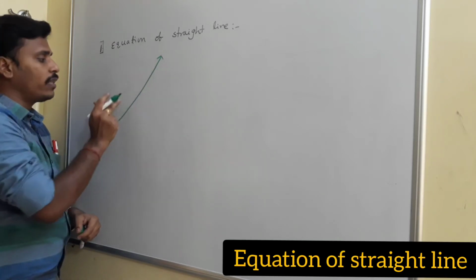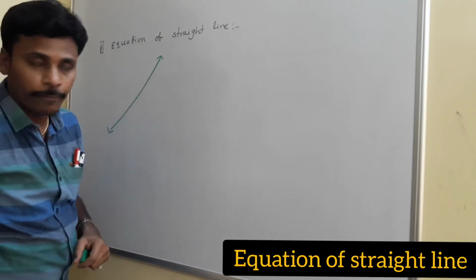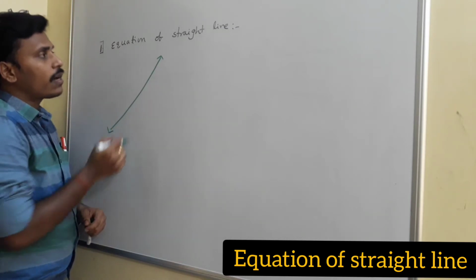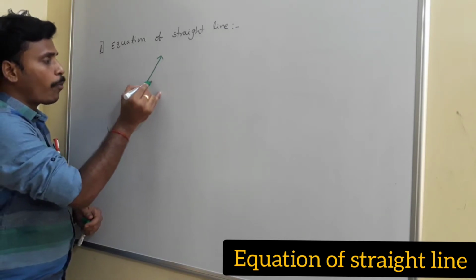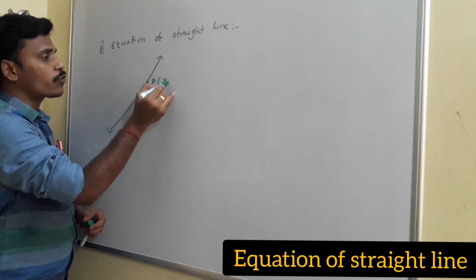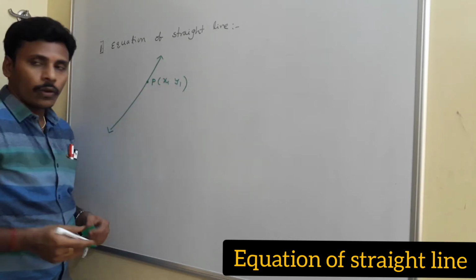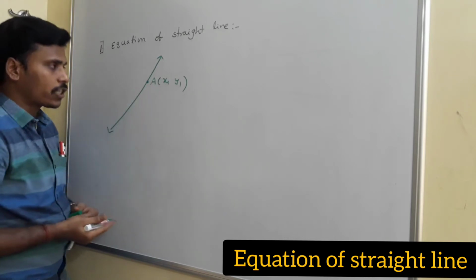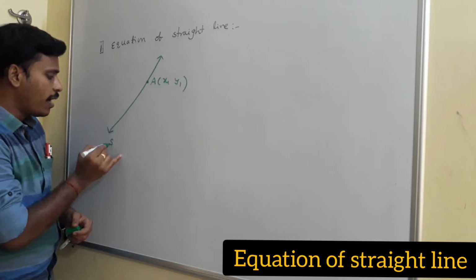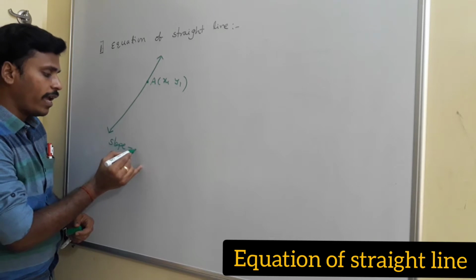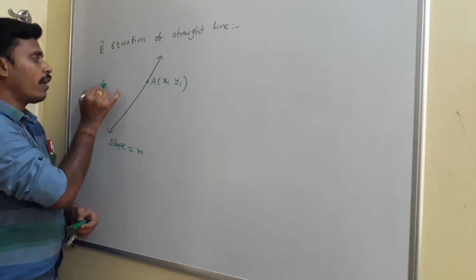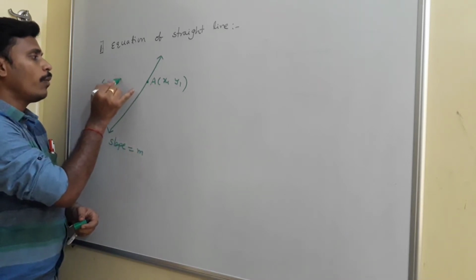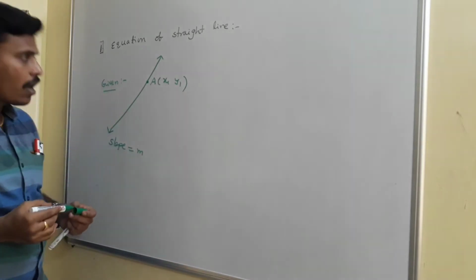On this particular straight line, a point P, or you may take a point A, x1 comma y1 is given, and the slope of the line m is also given. Think a while. What is given? Given things are A(x1, y1) and slope m.